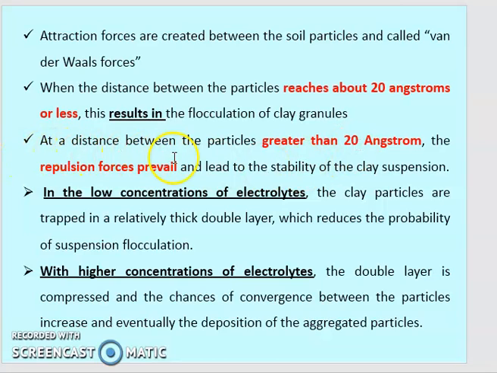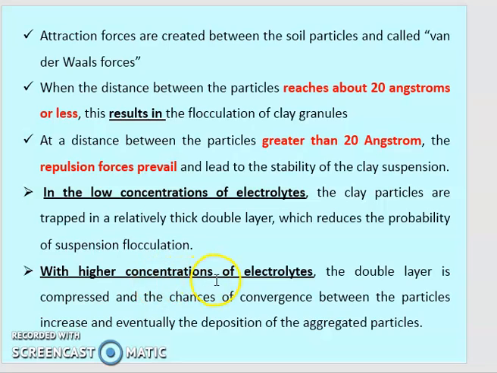At a distance between the particles greater than 20 angstrom, the repulsion force reveals and leads to the stability of the clay suspension, dispersion. At a low concentration of electrolyte, the clay particles are trapped in a relatively thick double layer, which reduces the probability of the suspension flocculating.